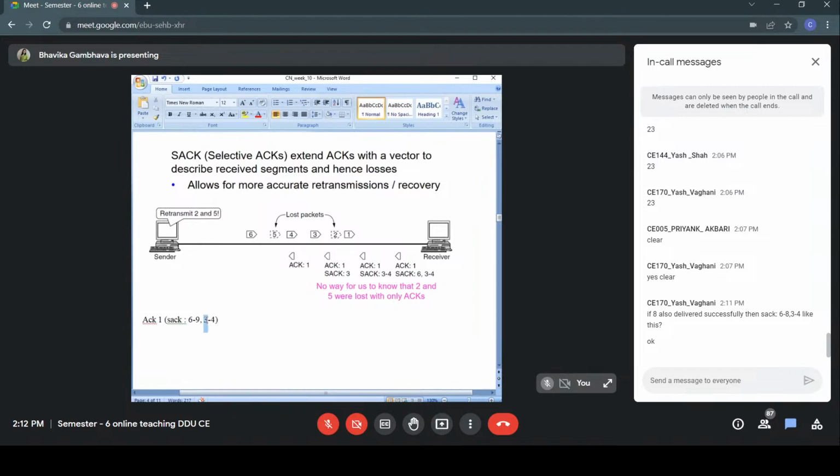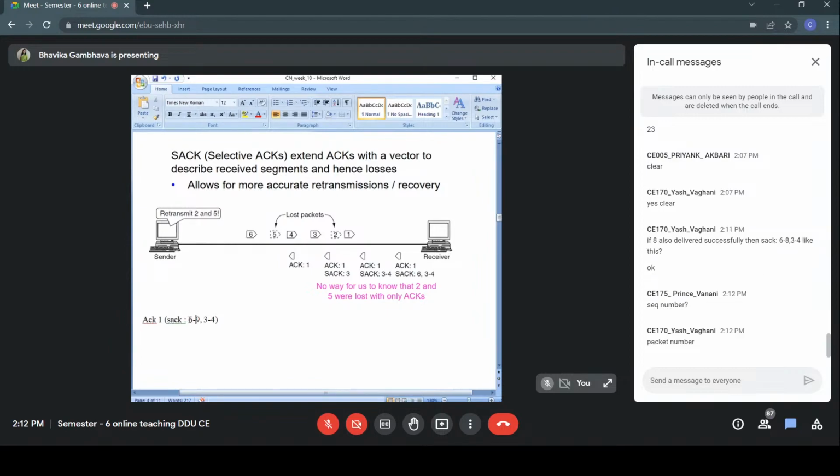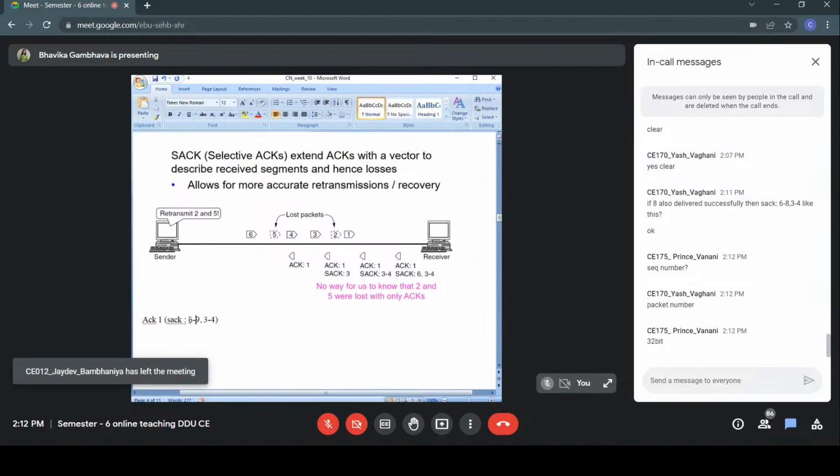What is this 3 and this 9 or 4 or 6 for that matter? What does each one of these actually represent? Yes, sequence number or acknowledgement number, right? How long is that? 32 bits.